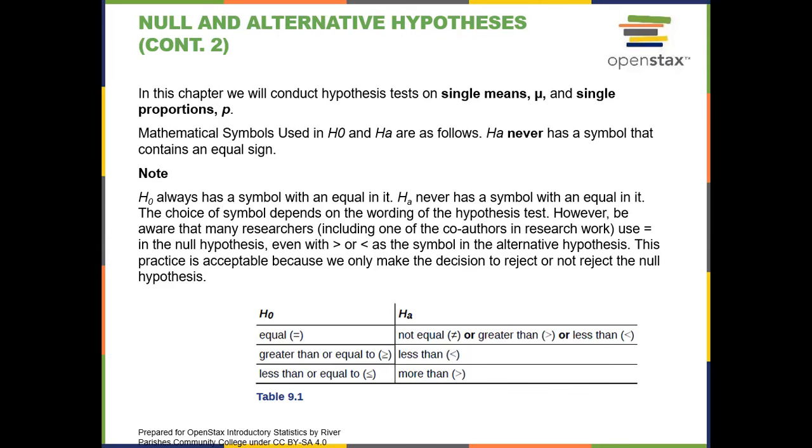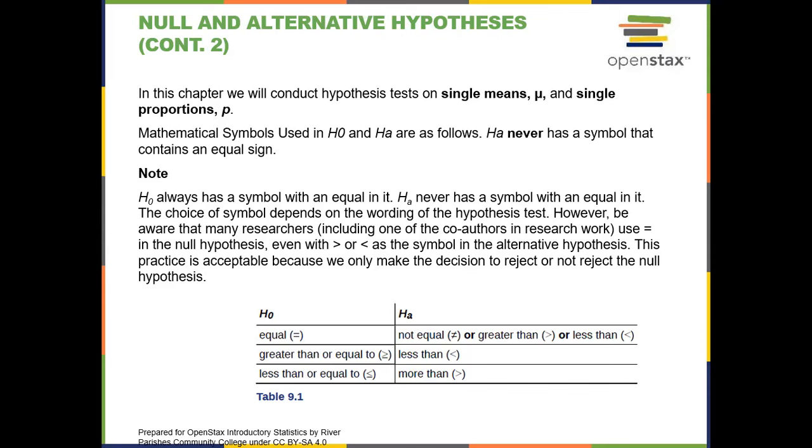So if H sub 0 is equal to, the alternate hypothesis is not equal to. Remember, the alternate hypothesis can never contain the equal to sign. So either it is not equal to, or greater than, or less than. Never an equal to sign in the alternate. Again, null hypothesis equal to, alternate can be not equal to or greater than or less than.